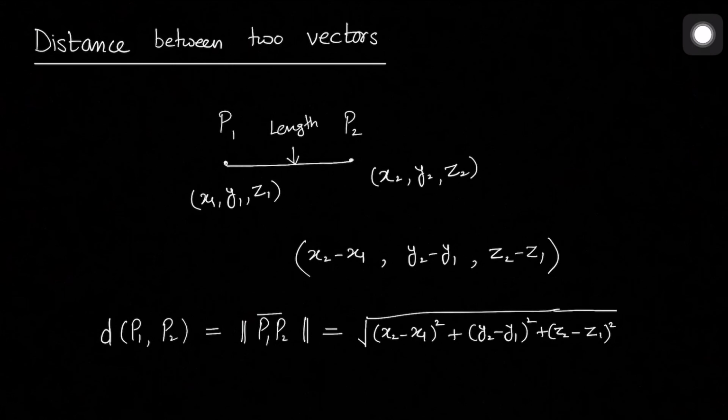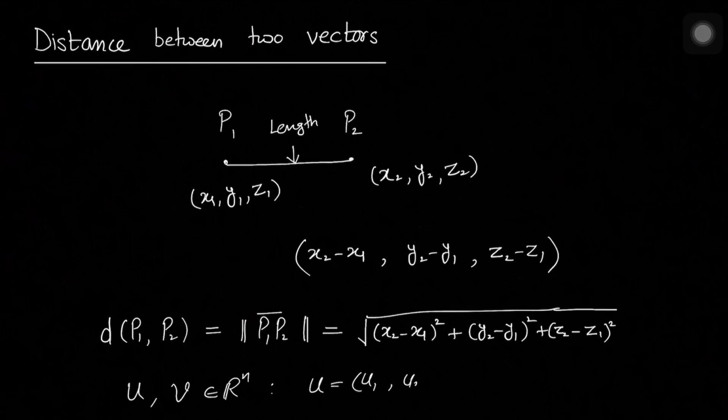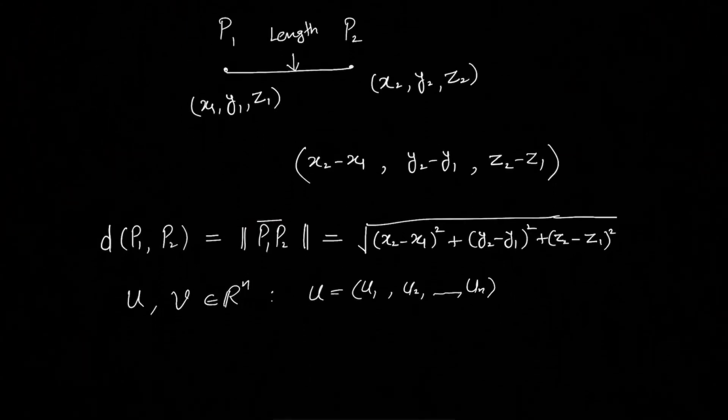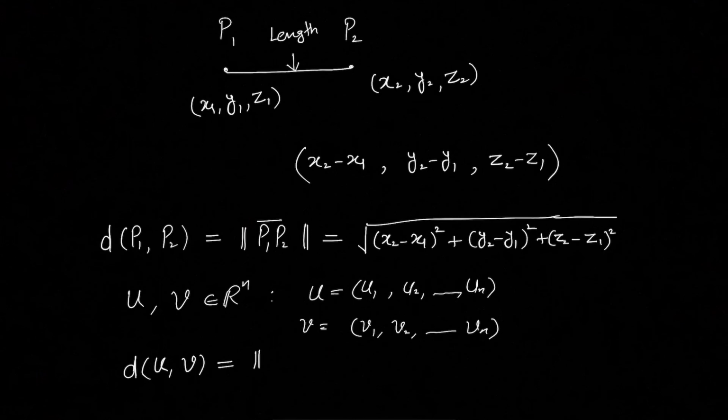Suppose you have two vectors u and v in Rn, meaning u has n components u1, u2, un, and v has components v1, v2, vn. Then the distance between the vectors u and v is basically the norm of u minus v.